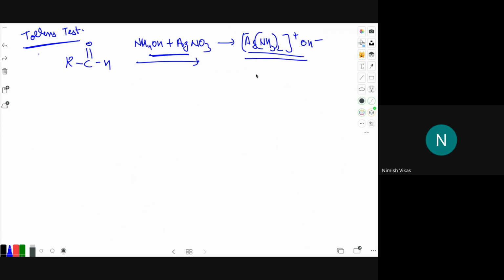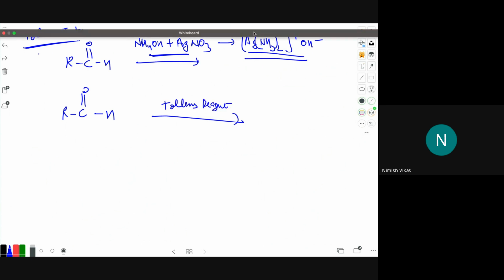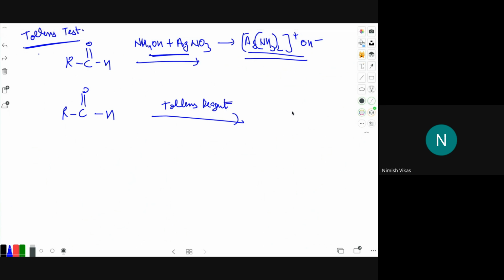So if you use Tollens' test, it gives you Tollens' reagent. I told you Tollens'. What does Tollens' reagent do? It turns into RCOO-, which acts as an oxidizing agent to the aldehyde. Always remember that. And what do you get? Silver mirror, so you get Ag also. I'm not writing the entire reaction, I guess the entire reaction will be in the notes, but I'm explaining what Tollens' reagent does.